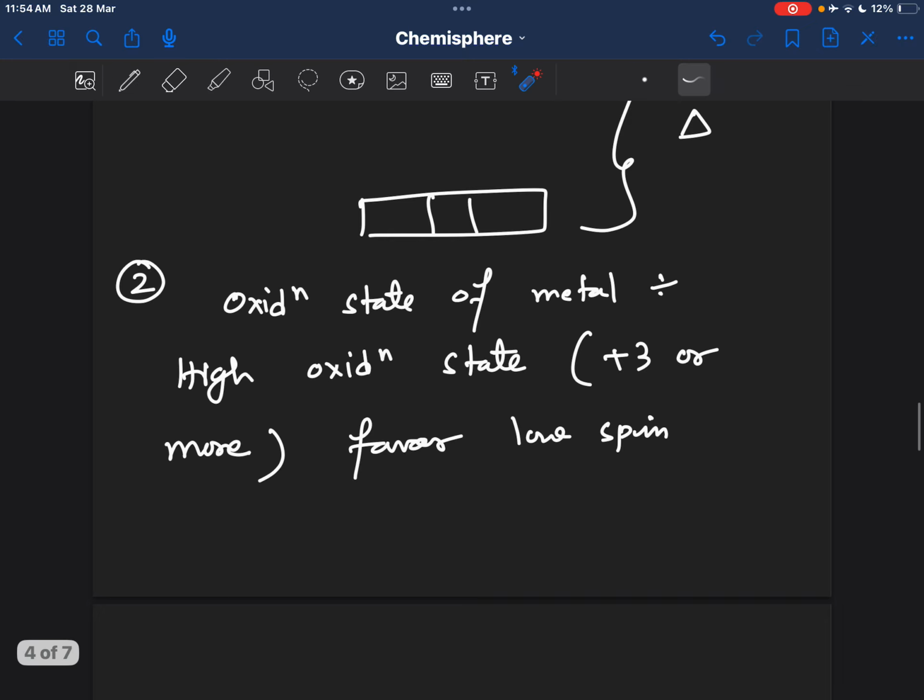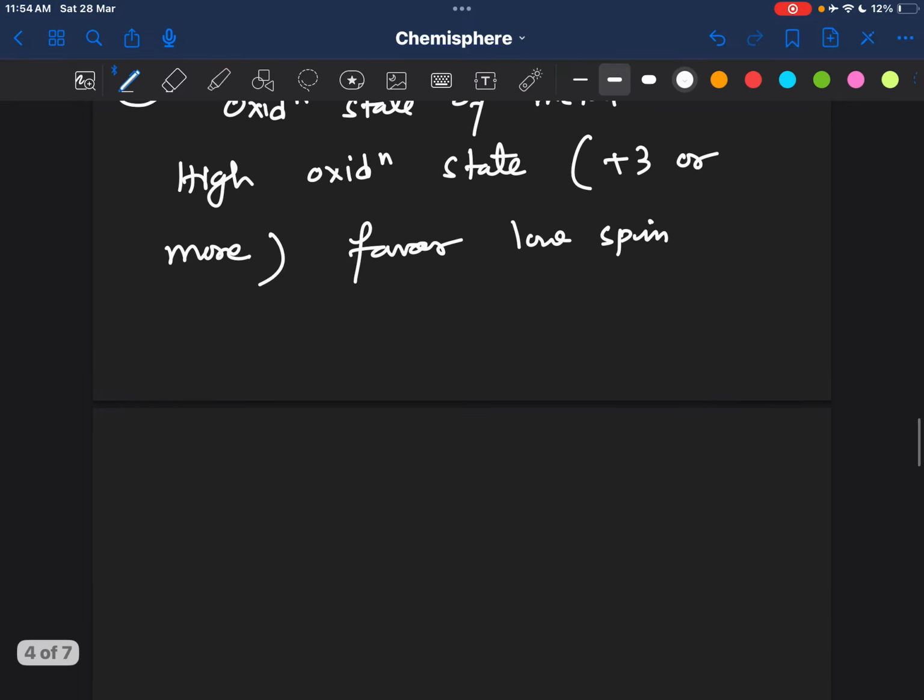Okay, so what might be the reason? Whenever we have a higher metal oxidation state, since the positive charge on the metal is very high, it increases the electrostatic attraction with ligands. So for example, in this case we have the +3 oxidation state, so cobalt +3 is highly positively charged, so the ligands are going to interact a lot.